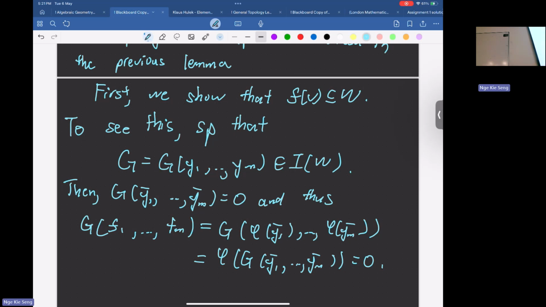Phi is a K-algebra homomorphism. Can you say it louder? Try to say a full sentence.